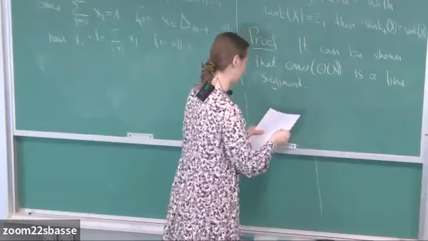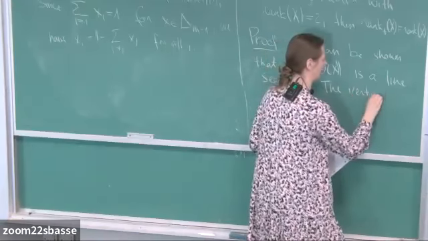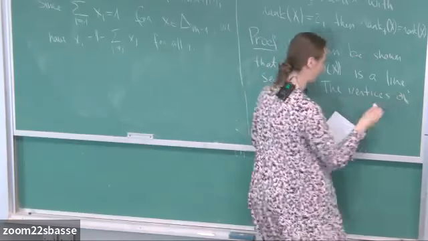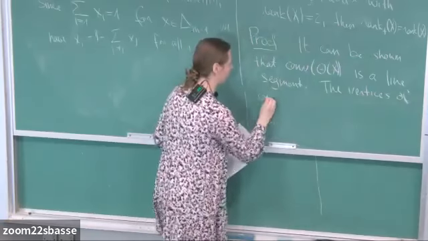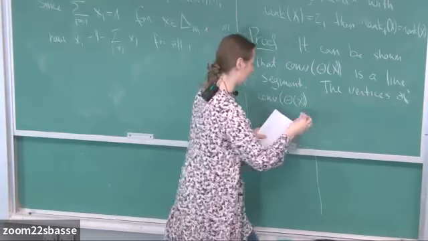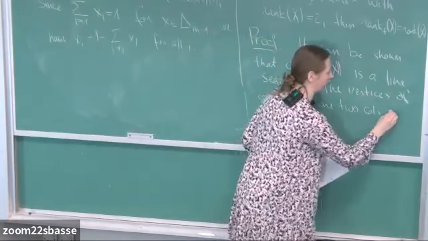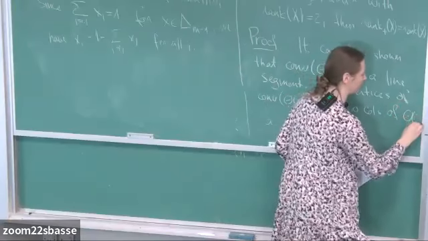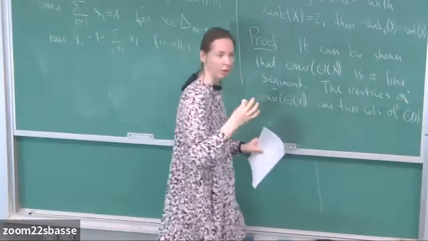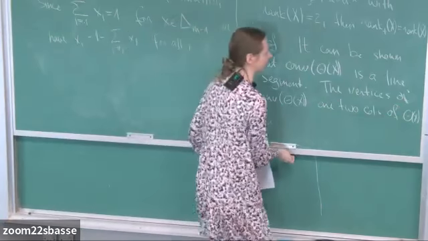Okay. Then the vertices of the convex hull of theta X are 2 columns of theta X. Remember, we talked about it: the vertices are always contained in the columns of the matrix, but not every column is a vertex.